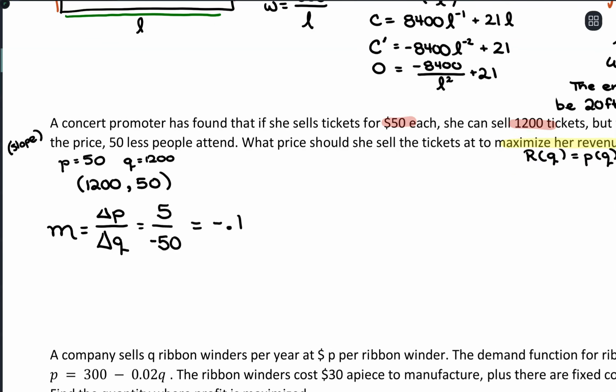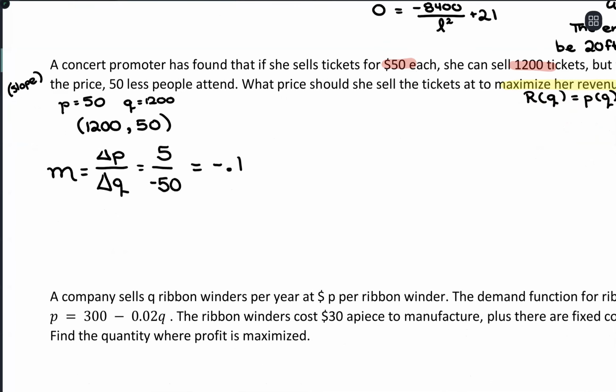So in terms of our price function, P of Q is equal to negative 0.1 times Q, but we don't know our y-intercept, so I'm just going to put a plus B. But what we do have is a scenario with 1,200 for Q and 50 for P, so I'm going to plug that in.